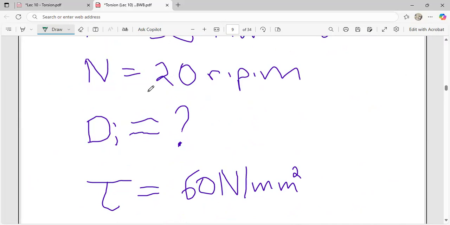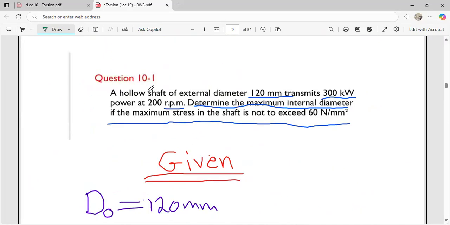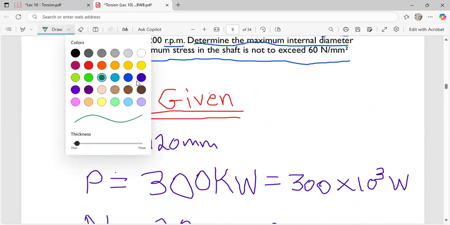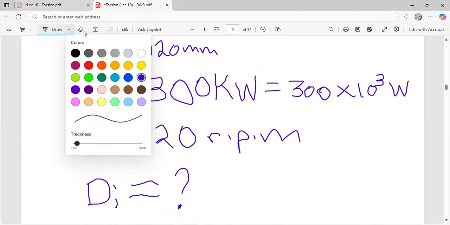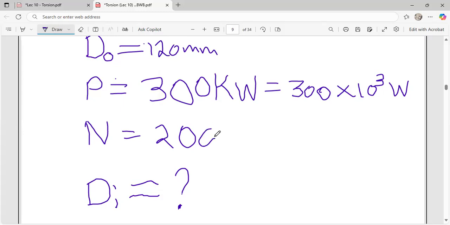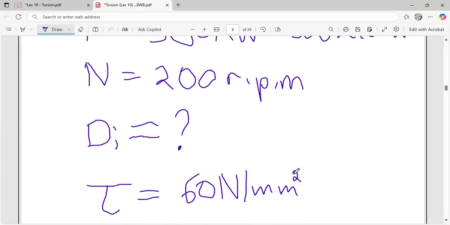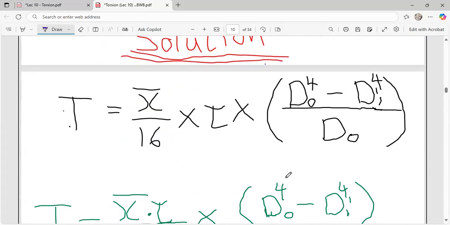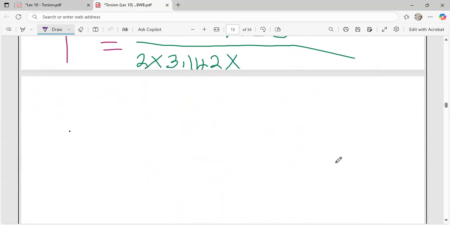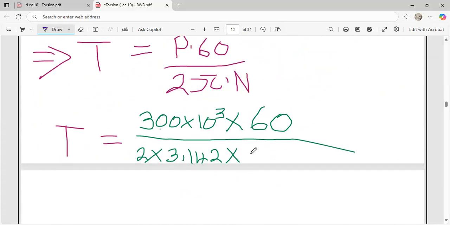So let's quickly substitute that into our figure to calculate our values. The value of our n was 200.